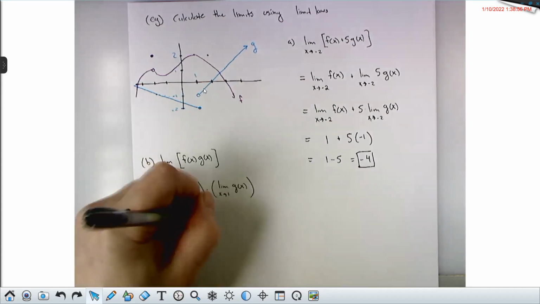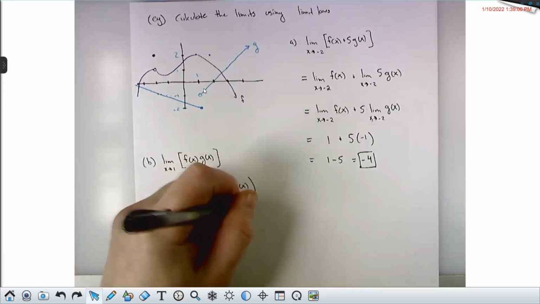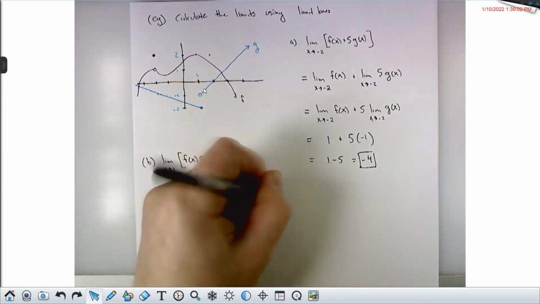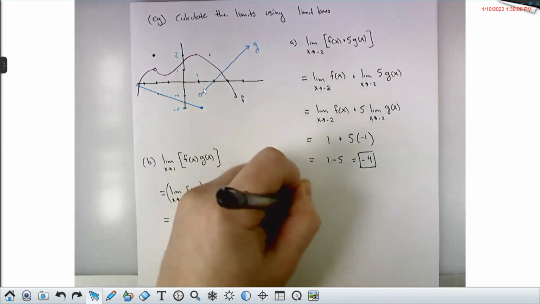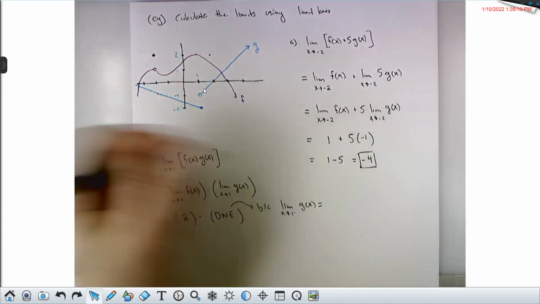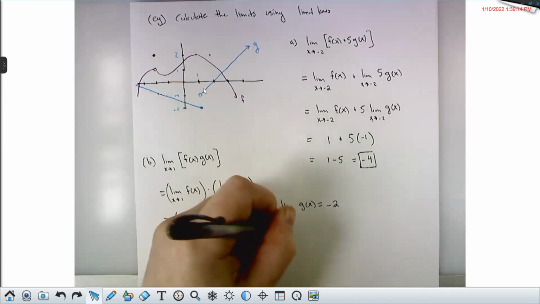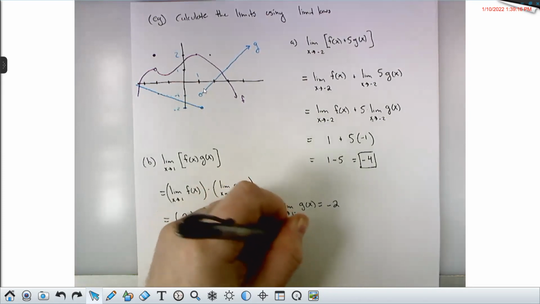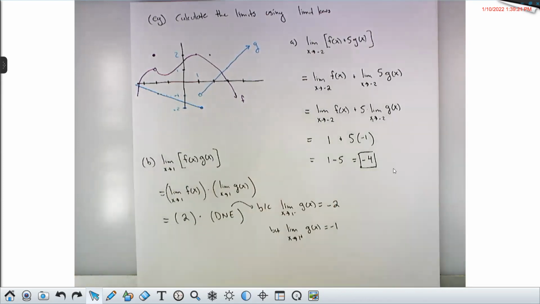So the second guy is a DNE, and that's because the limit as x goes to 1 from the left of g of x is negative 2, but the limit as x goes to 1 from the right of g of x is negative 1, different values.